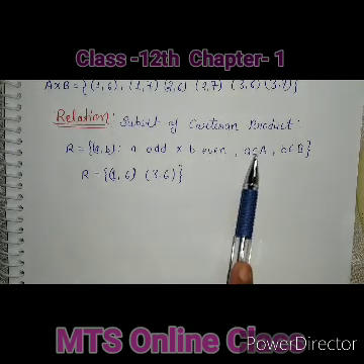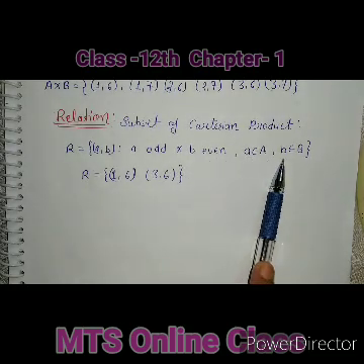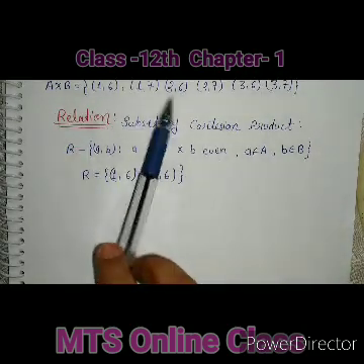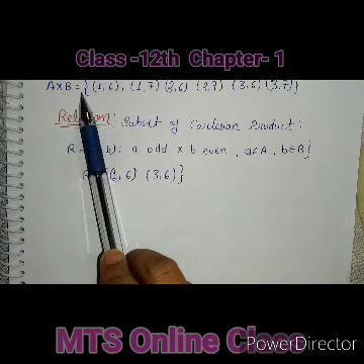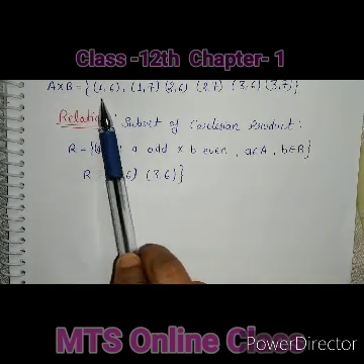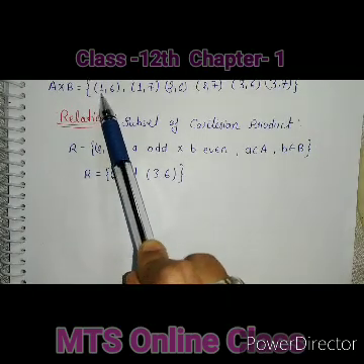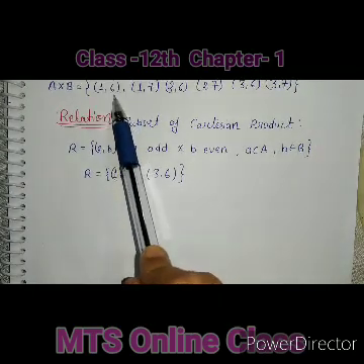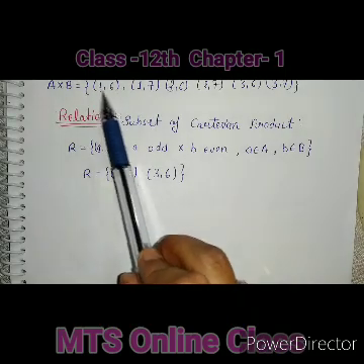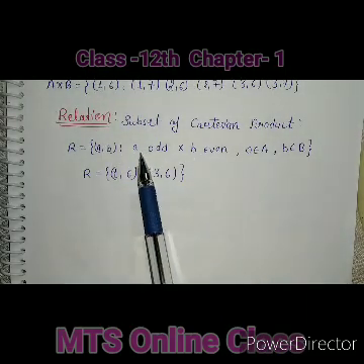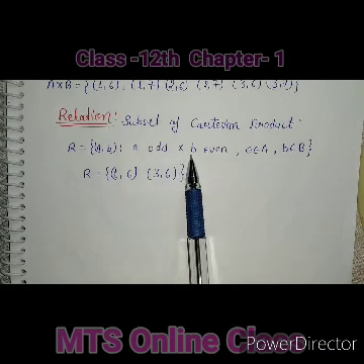Here a belongs to capital A and b belongs to capital B. So we can see in the Cartesian product, the first ordered pair, 1 is an odd number and 6 is even. So this ordered pair satisfies our relation because we defined a as an odd number and b as even.